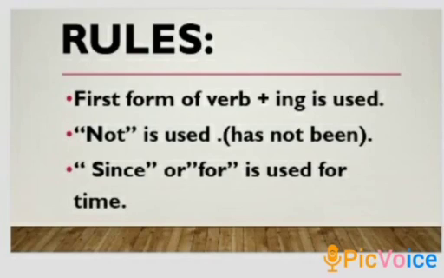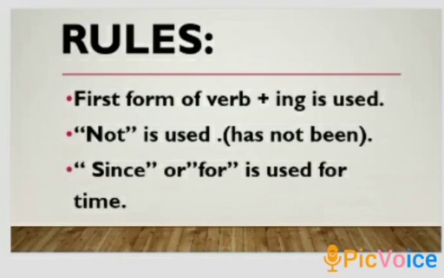As we have seen in the previous slides, we have used have not been and has not been, first form of verb plus ing, and since for a definite time period, and if the time period is not specific, we have used for here. So I hope that negative tense is clear to you.